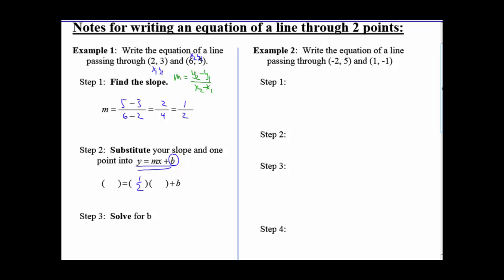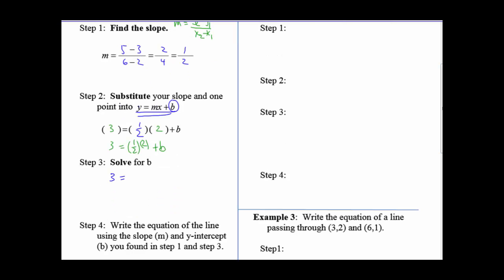The y value in that coordinate point is 3, so we're going to input 3 into y, and the x value is 2. So we have 3 equals 1/2 times 2 plus b. So we need to solve for b. By solving for b, we have 3 is equal to 1/2 of 2, which is 1, plus b. If we subtract 1, we get b is equal to 2.